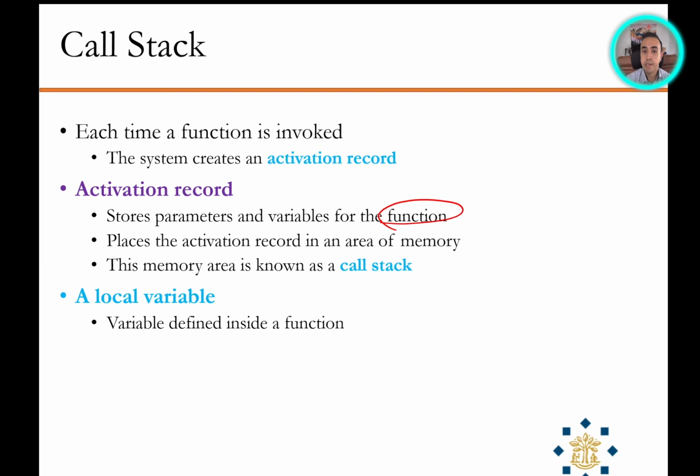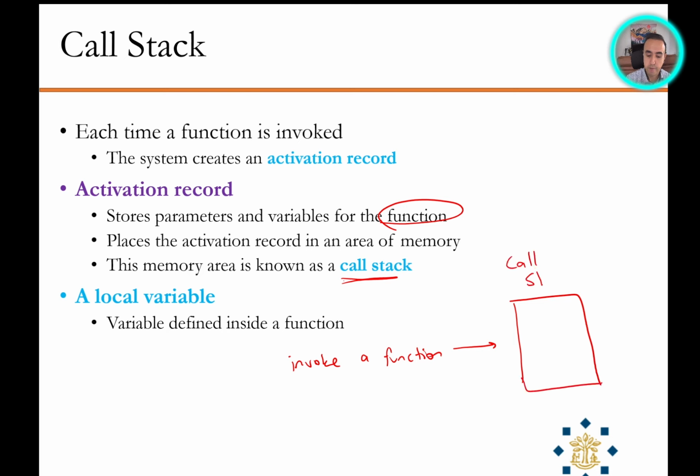It places the activation record in an area of the memory. That memory area is called a call stack, okay? So we invoke a function. When we invoke a function, we create a space in the computer's memory. This is the call stack.